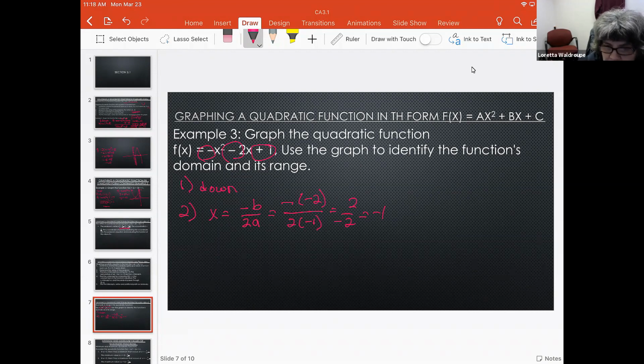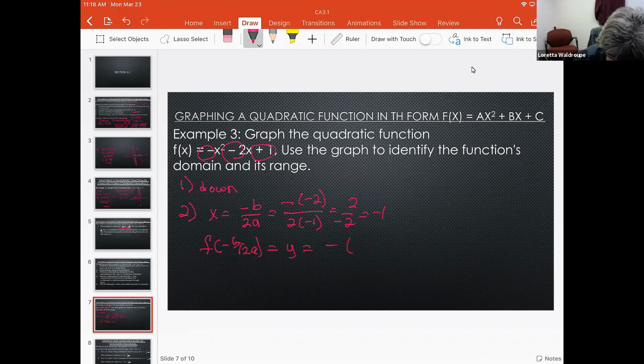Okay, to find the y value, and this is the f of negative b over 2a part, okay? This is y.